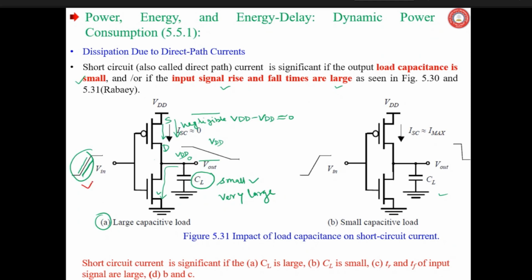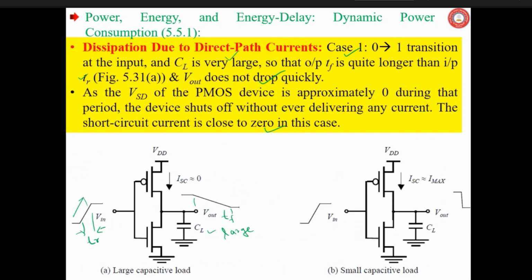How is it possible to understand? Tell. If the rise time is longer, then for a longer period VDD and ground would be on a direct path. Direct path will be for a longer time. Very good.